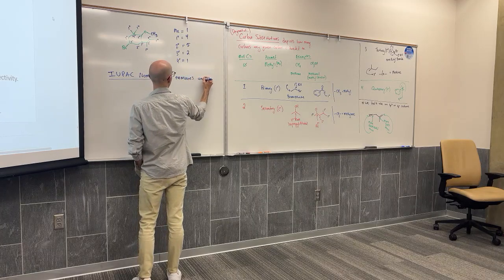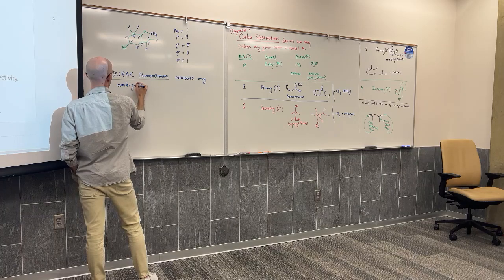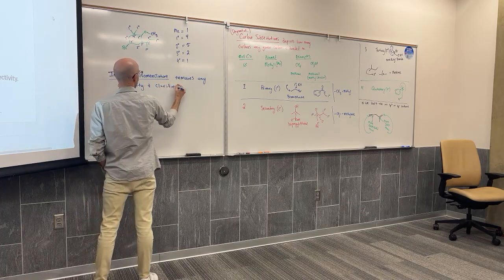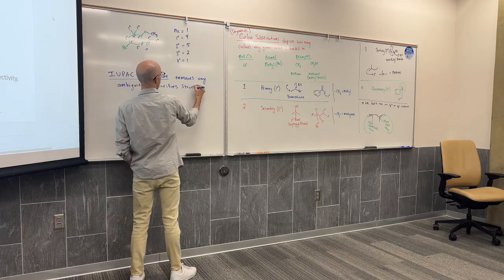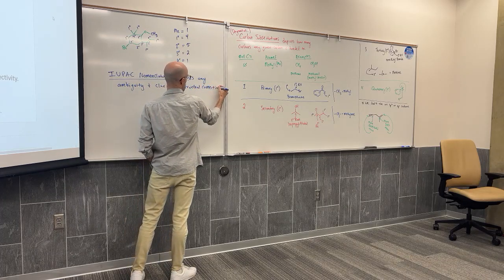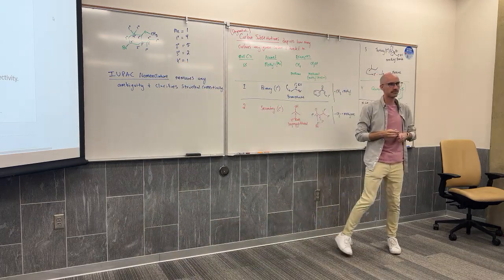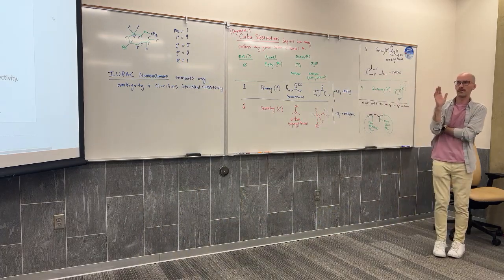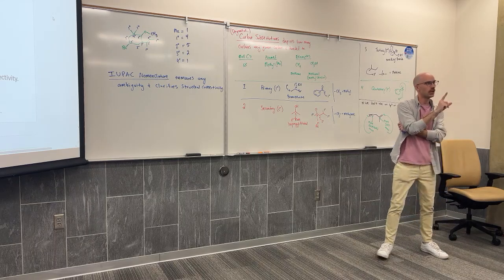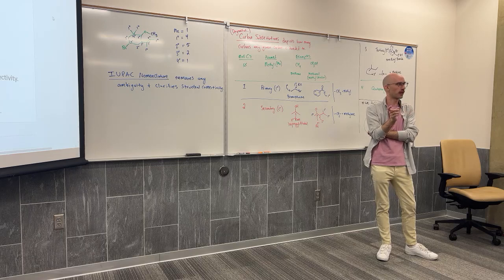removes any ambiguity. And it clarifies structural connectivity. You don't have to guess about what atoms are connected to what atoms or where along a carbon chain a certain functional group appears.